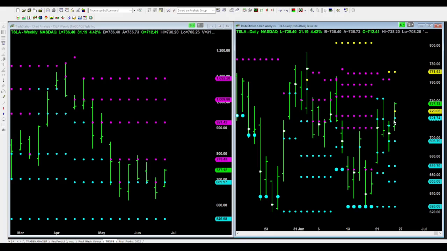Today is June 25th, Saturday. There's no red dot during last Friday, and there's still room between this closing price and this yellow dot, $771.